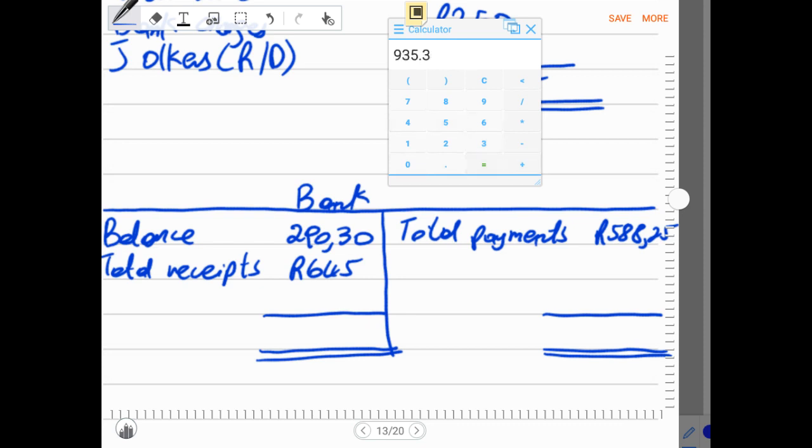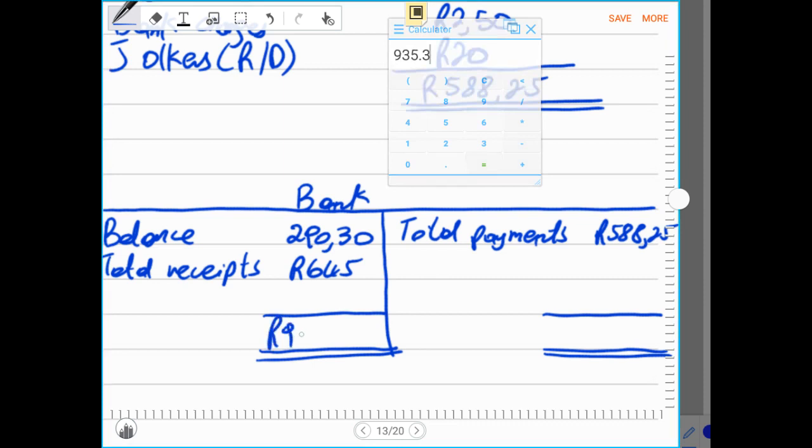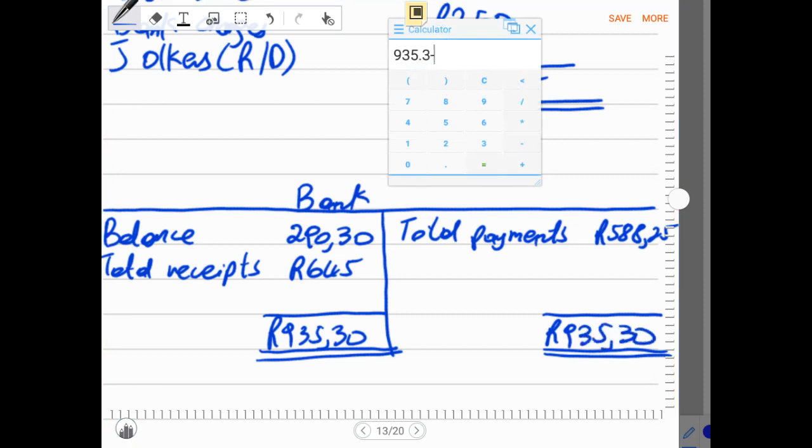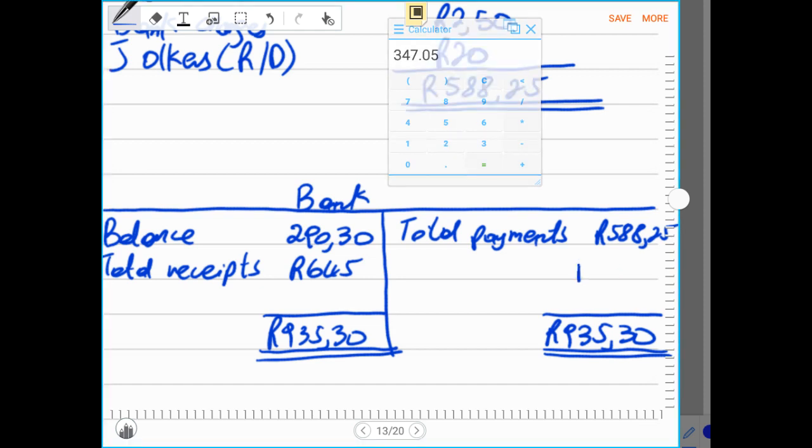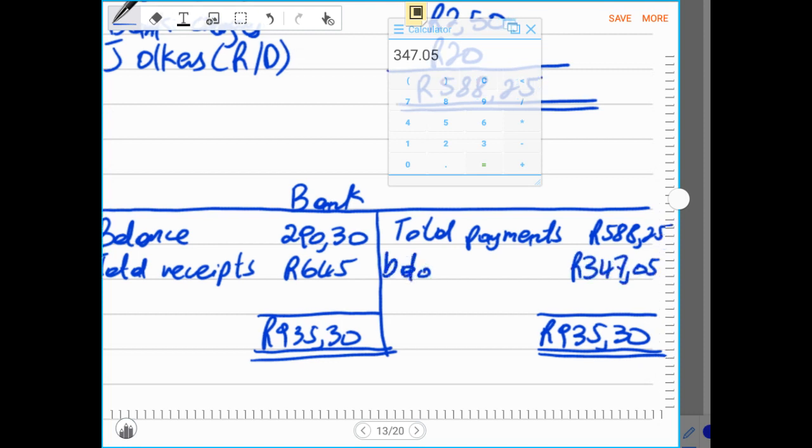The total will be 935.30 minus 588.25, and this gives us 347.05, and this is our balance.